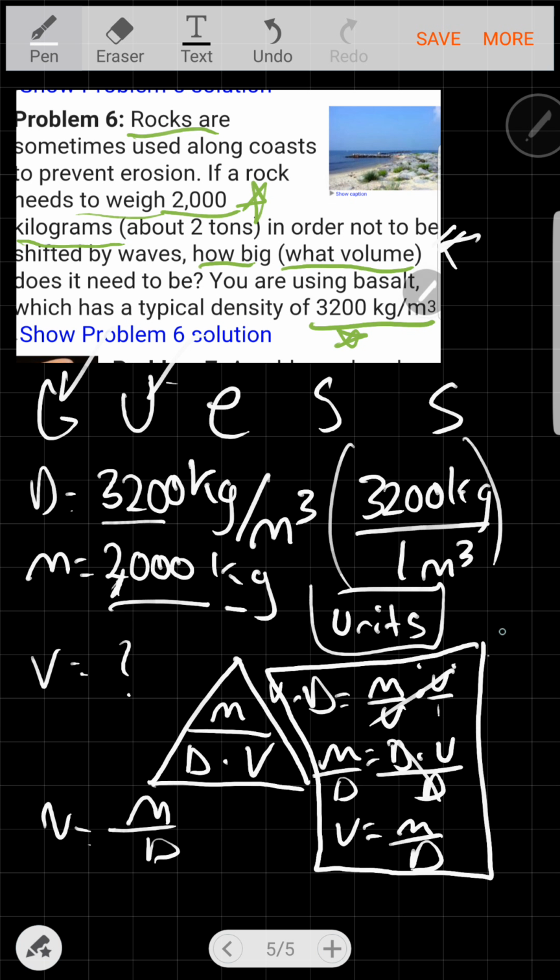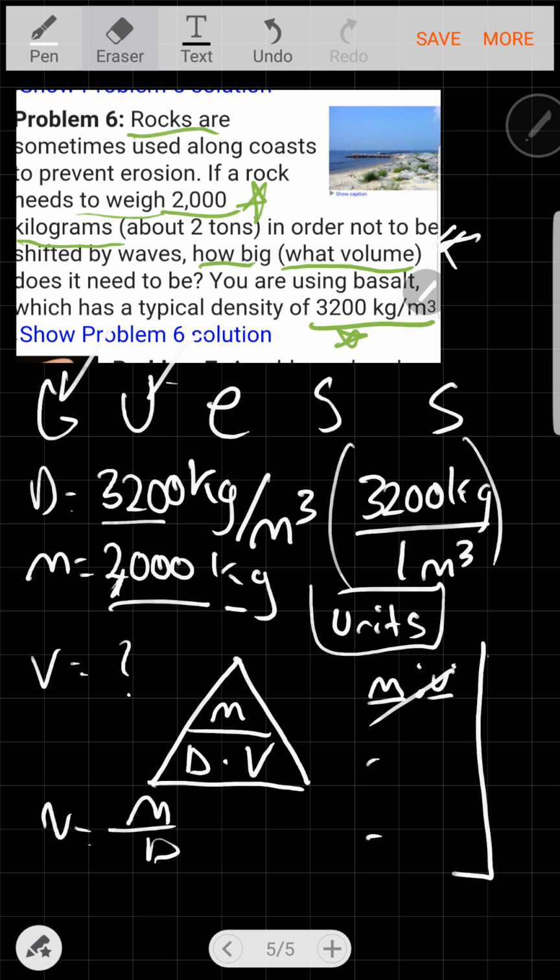That will be very helpful. We're going to erase this so we can get back to the math.